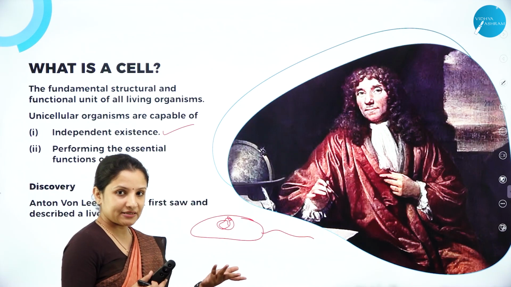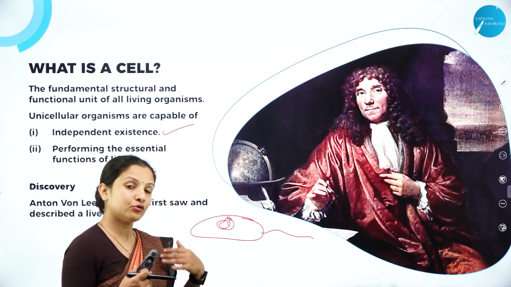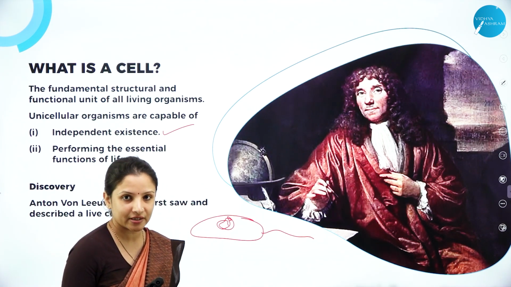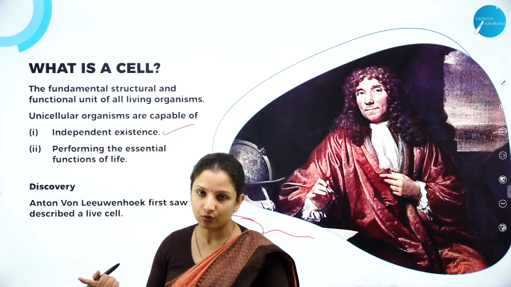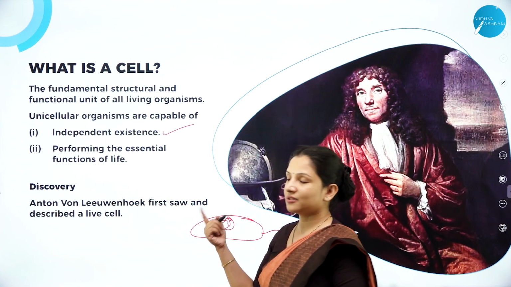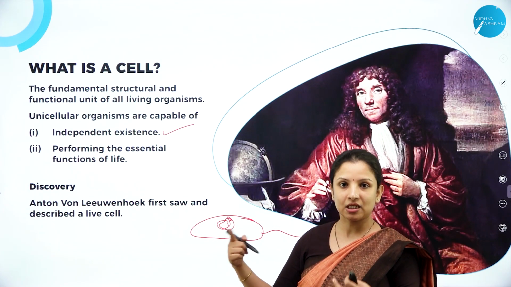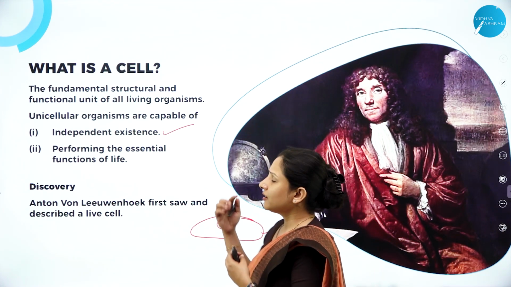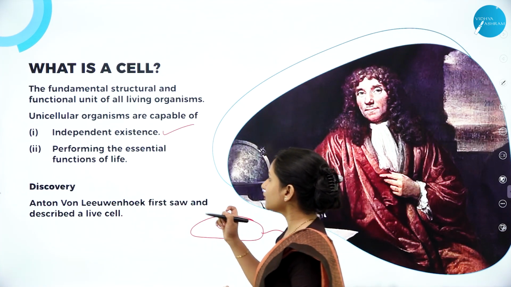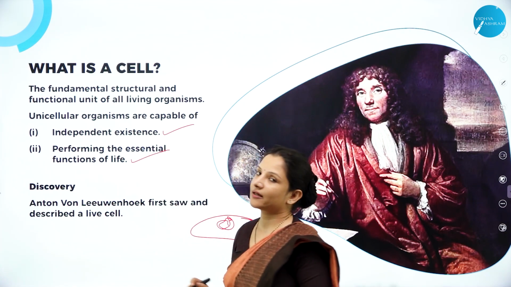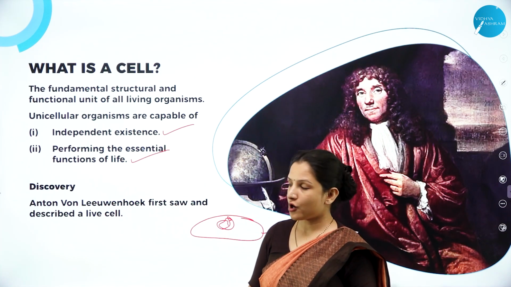Another example is yeast. Though yeast is a eukaryote, it is unicellular. Again, yeast is made up of just one single cell that survives on its own. So unicellular organisms are capable of existing independently, and that single cell performs all the essential functions that are needed in that particular organism.